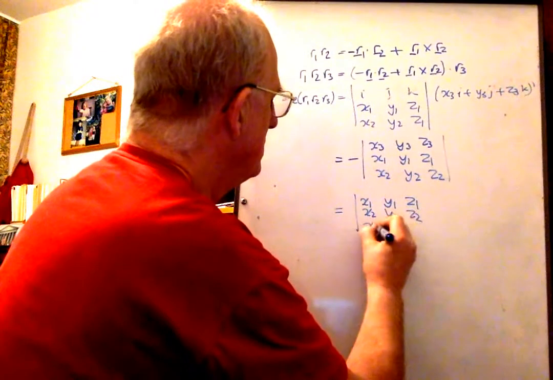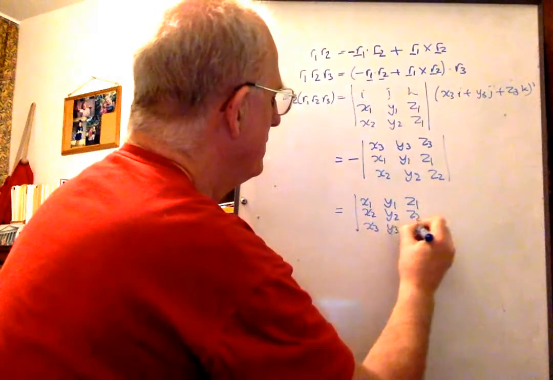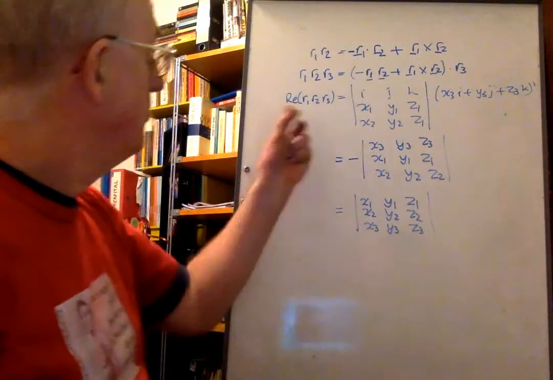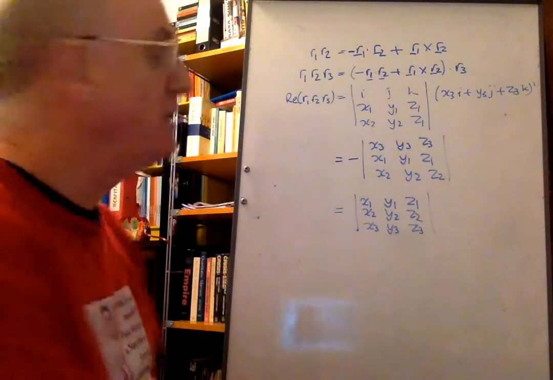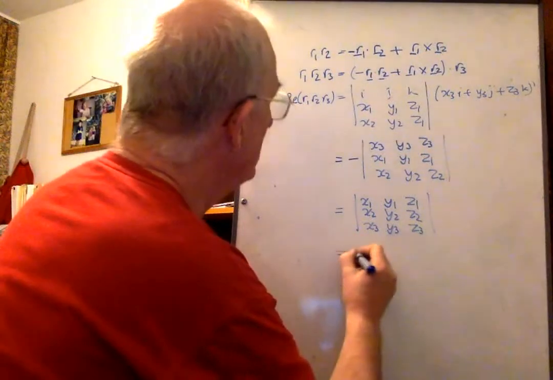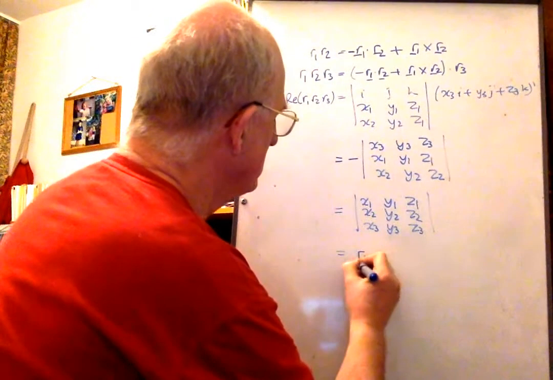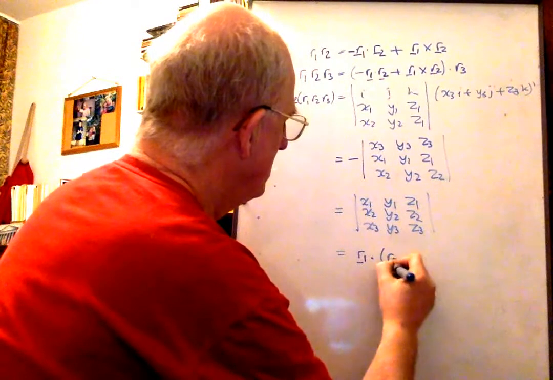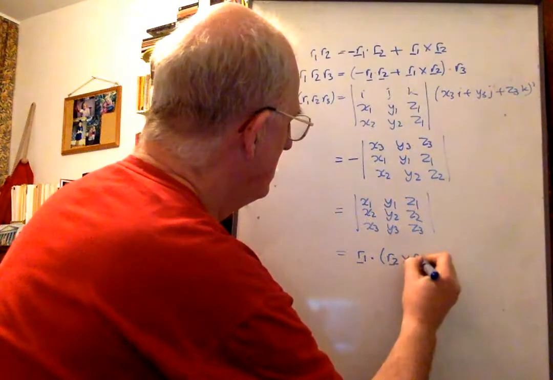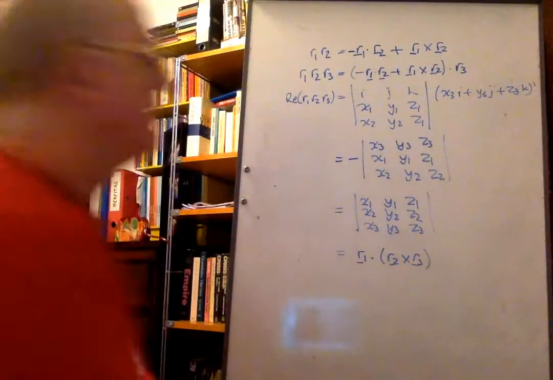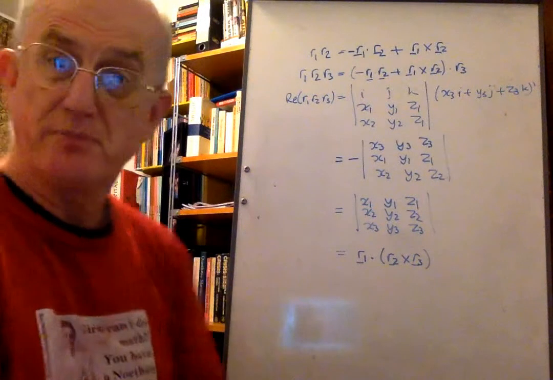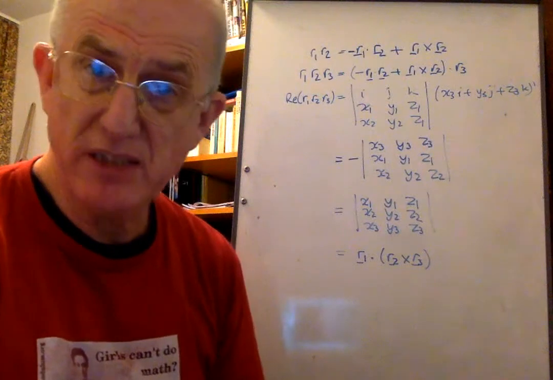we see this is x1, y1, z1, x2, y2, z2, x3, y3, z3. So, what we have here is the formula for the triple product of the matrix of the vectors.